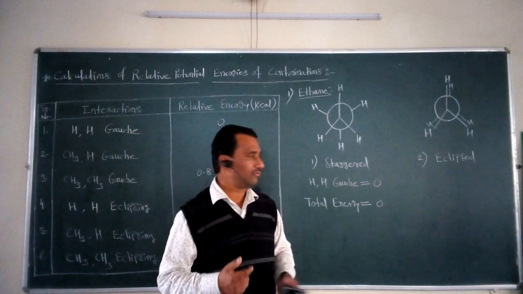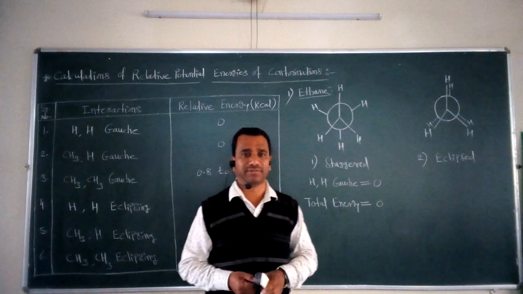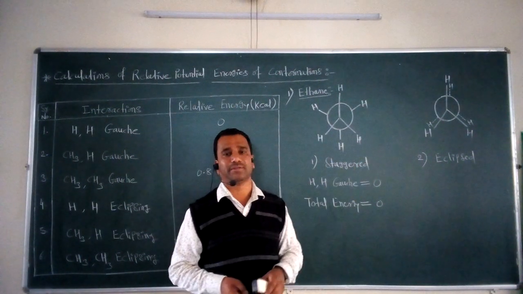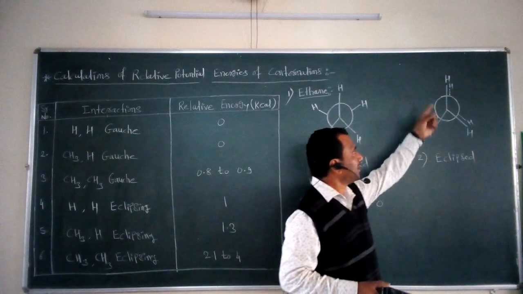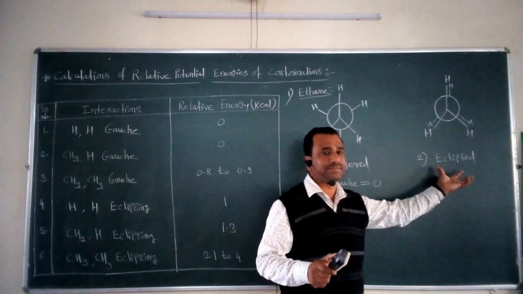On the other hand, we are now interested in calculating the energy for the eclipse conformation. If we look at the structure of this eclipse conformation, what happens? In this case, the two hydrogen atoms are very close to each other. That's why it is called the eclipse conformation.